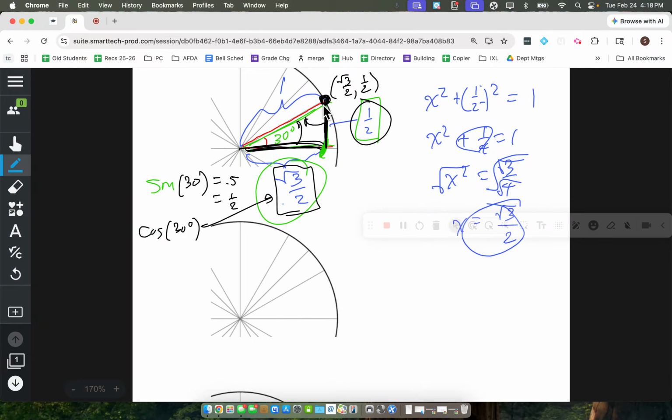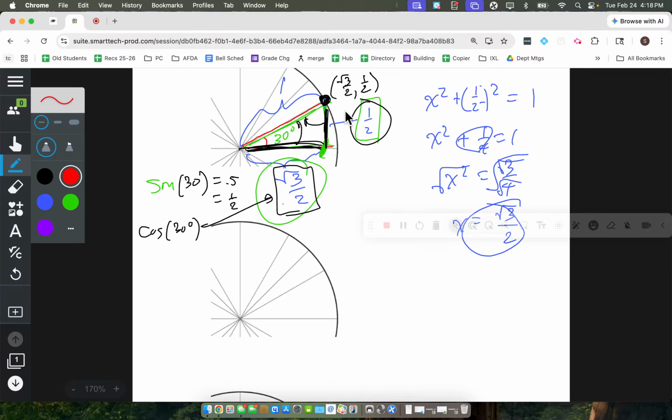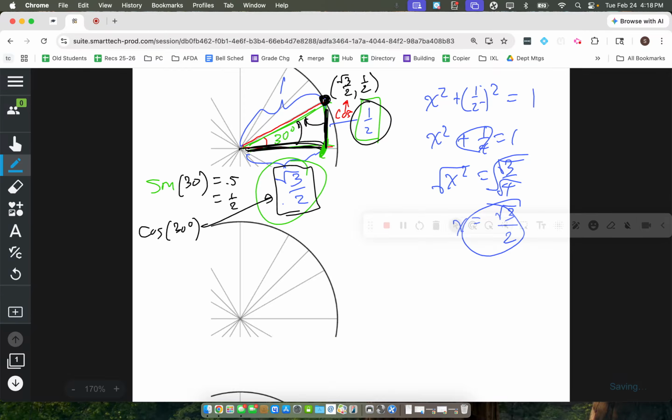So this dot represents in its x the cosine of the angle that's formed here to get there, and the sine of the angle that was formed to get to here on the unit circle. Okay? This is kind of the stage at which all this comes together.